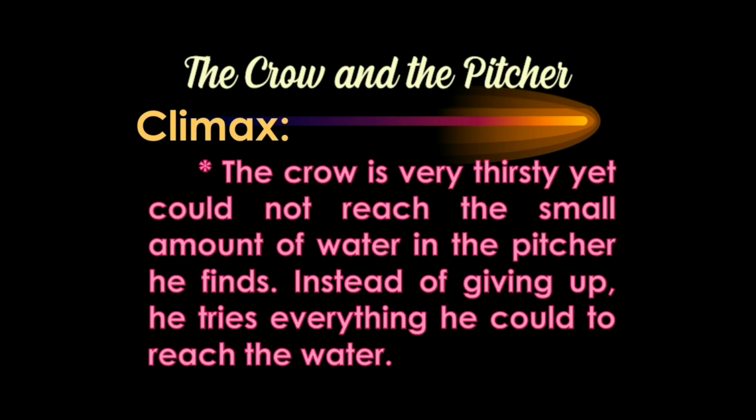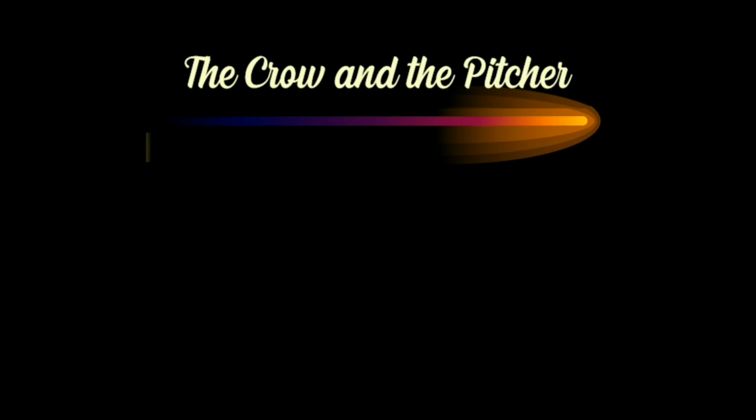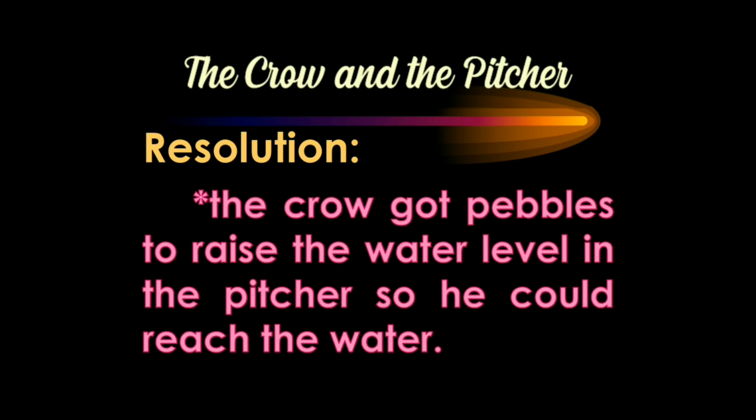So instead of giving up, he tries everything he could to reach the water. And then the resolution, how was it resolved? The crow got pebbles to raise the water level in the pitcher so he could reach the water. And what happened after that? The crow finally reached the water.